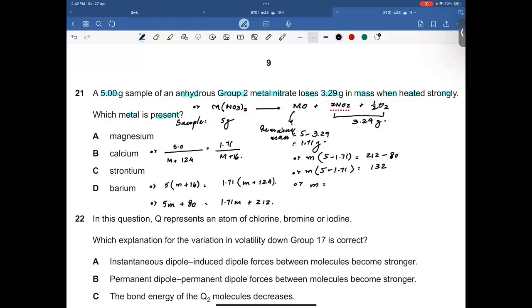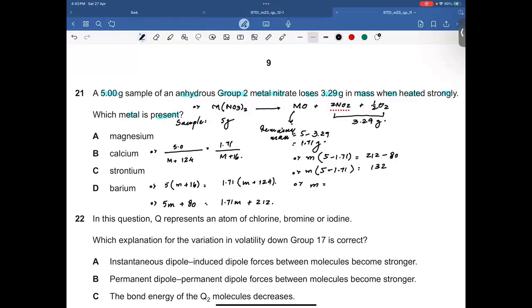Did I make any sort of mistake? 212 minus 80, okay. 5 minus 1.71, okay, 3.29. 132 divided by this.